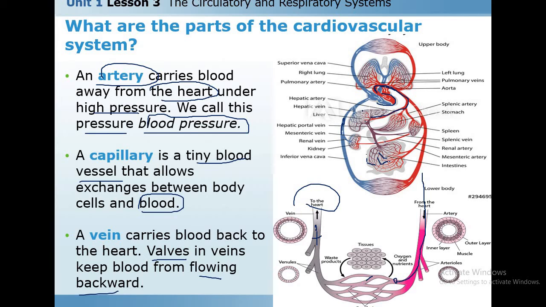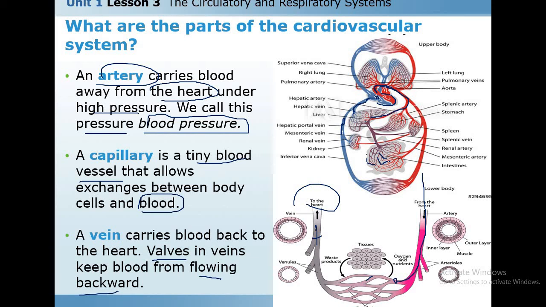Inside the organ there is a capillary. The function of the capillary is to reabsorb the fluid or waste from the tissue. The function of the vein is to take this blood that contains waste and return it back to the heart.